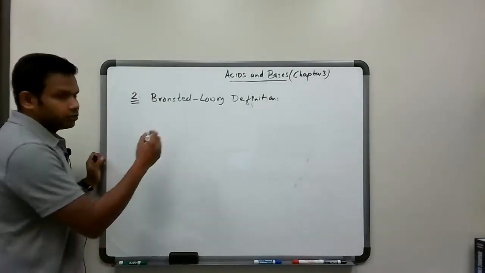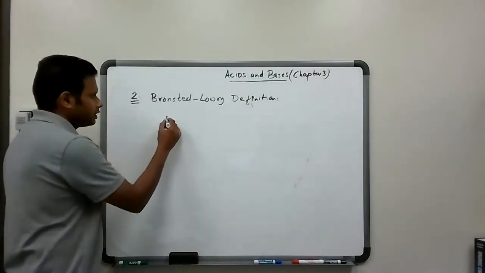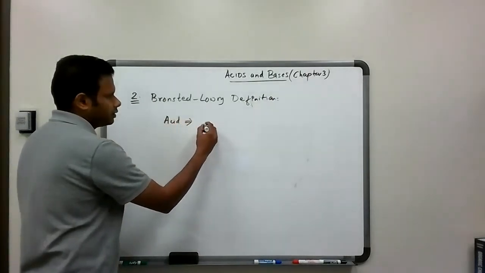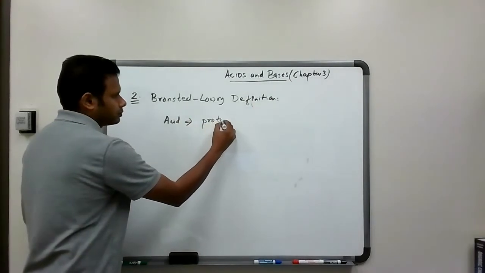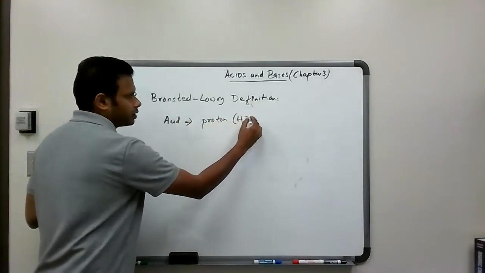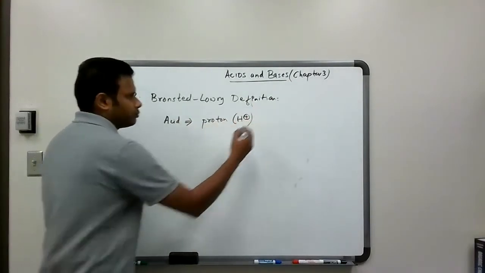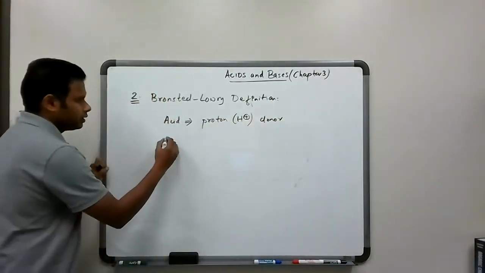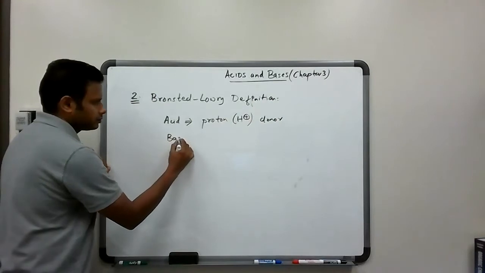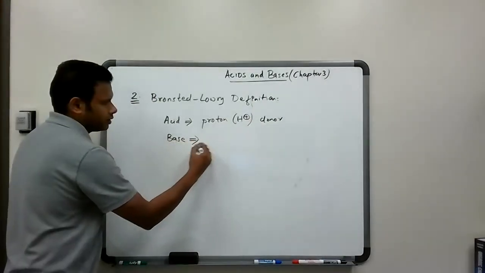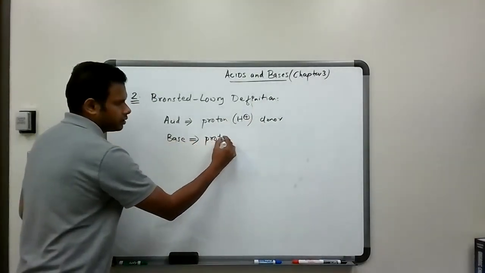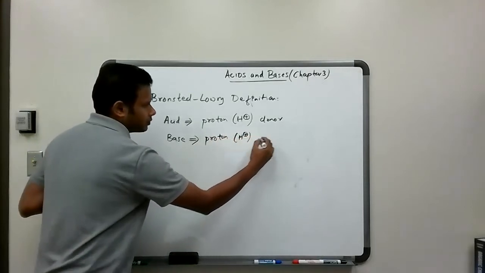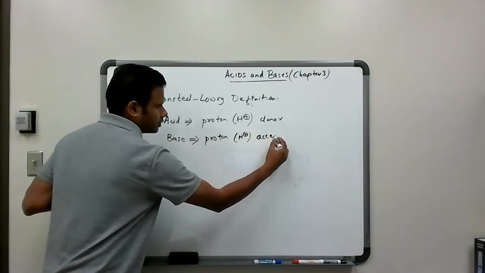Now, in the Bronsted-Lowry definition, an acid is defined as a proton donor. Again, we're talking about H plus. A base is defined as a proton acceptor.